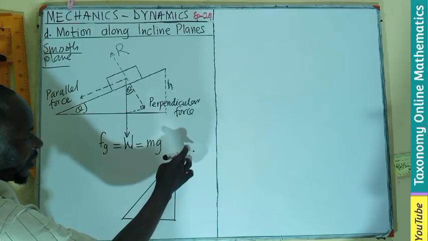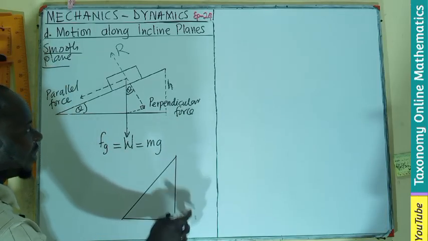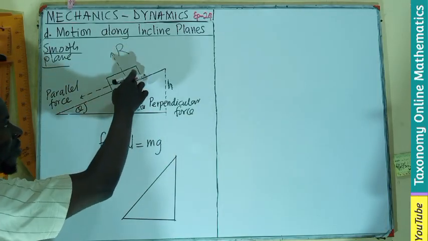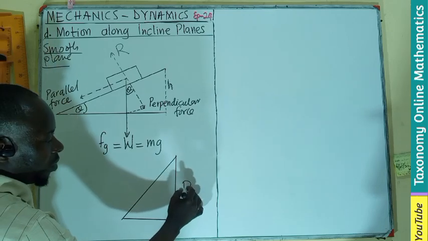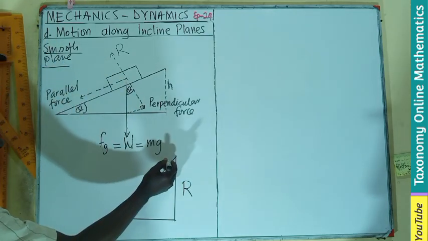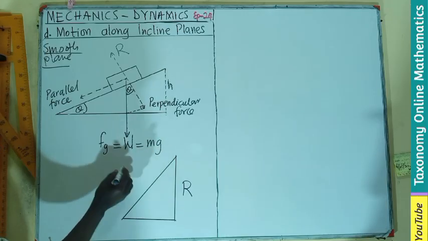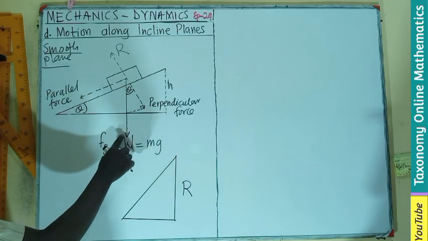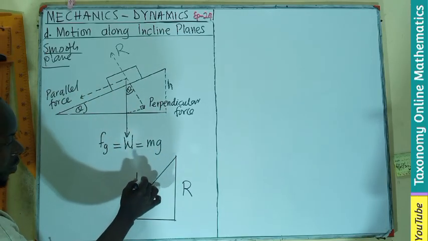This vertical line we are seeing here is going to be R. Then the movement down here is this line, which is going to be the weight.